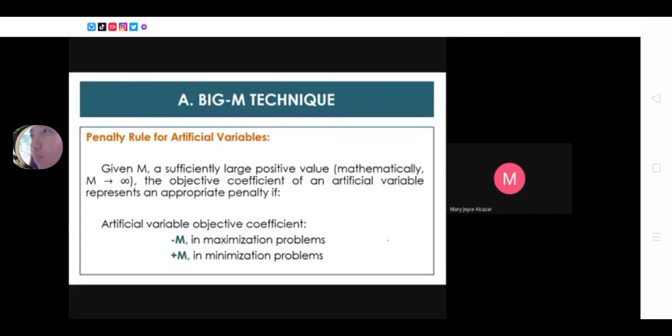The objective coefficient of an artificial variable represents an appropriate penalty if, so we have two choices, we multiply the artificial variable by negative M if the problem is maximization, and by positive M if it is a minimization problem. Then the product of these M's and the artificial variables will be added to the original objective function.